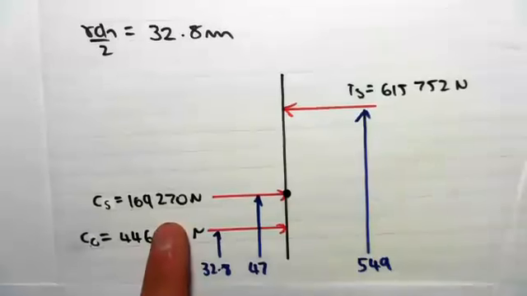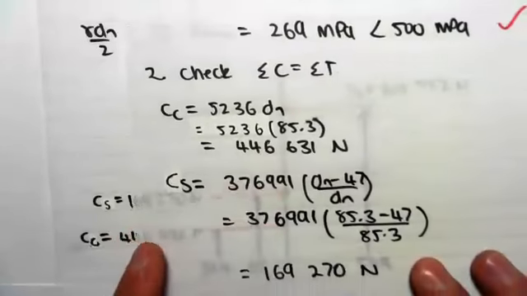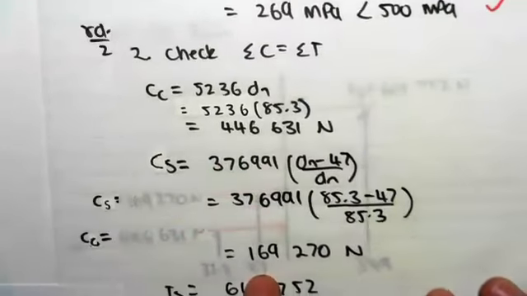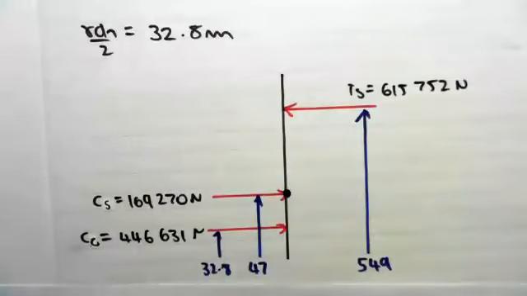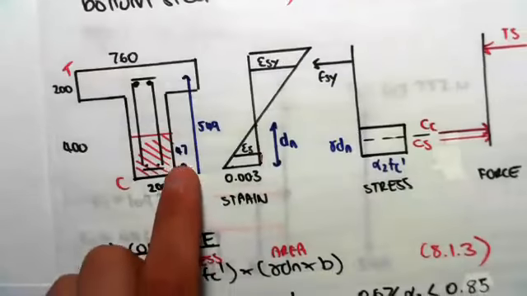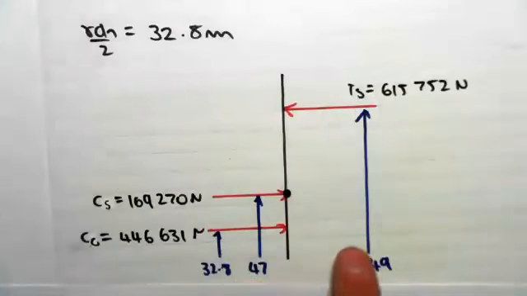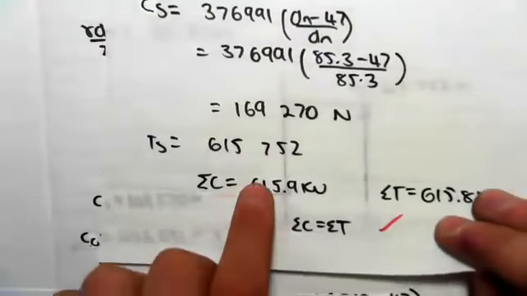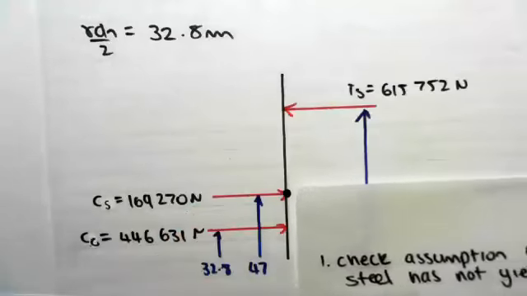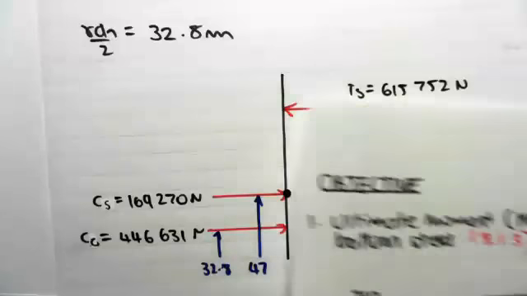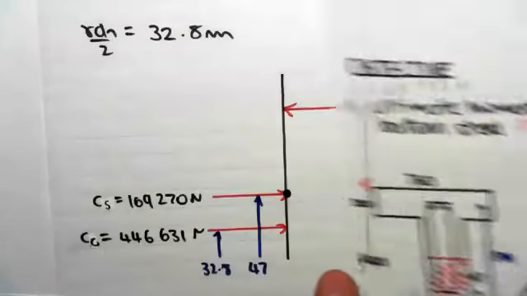We know the compression in the steel is 169,270. That just acts at the center of the steel layer, which is at 47. And the tension in the steel we know is 615,752, which just acts at the center of the top steel layer, which is at 549 from the bottom.